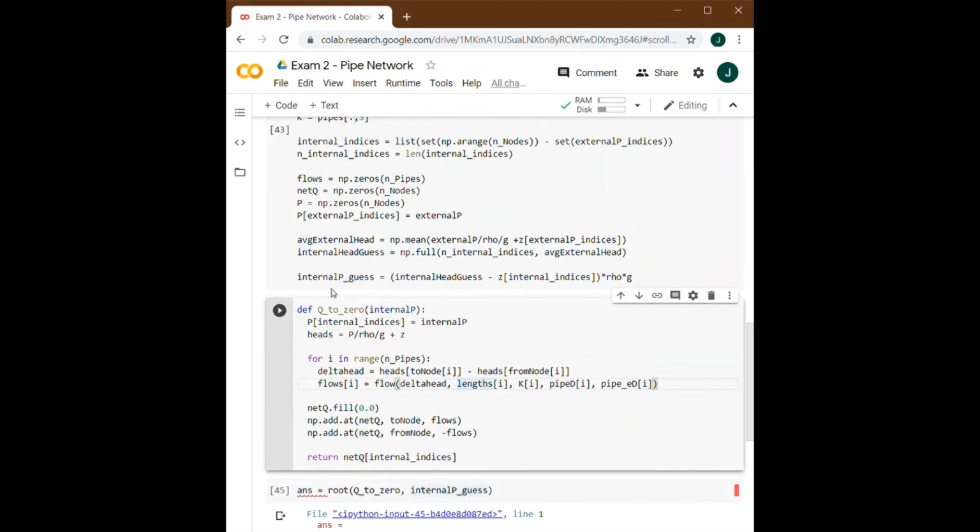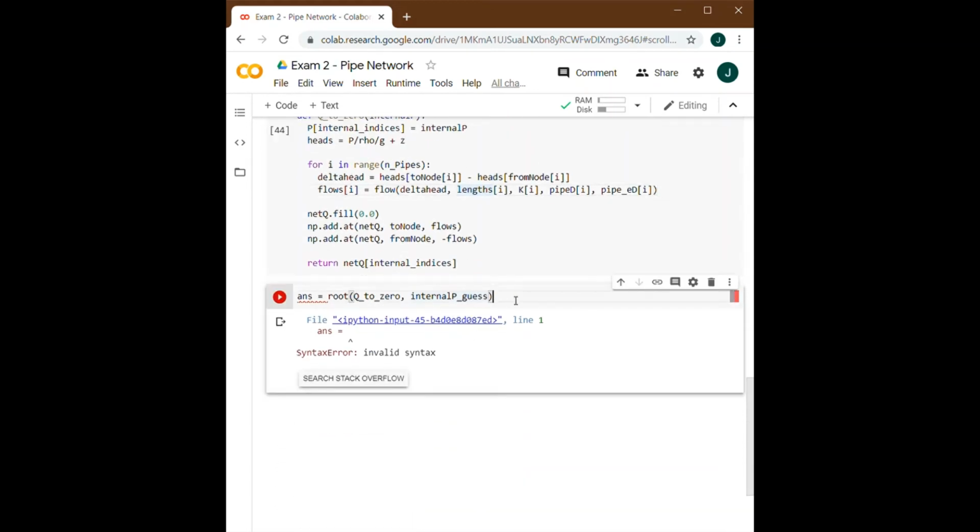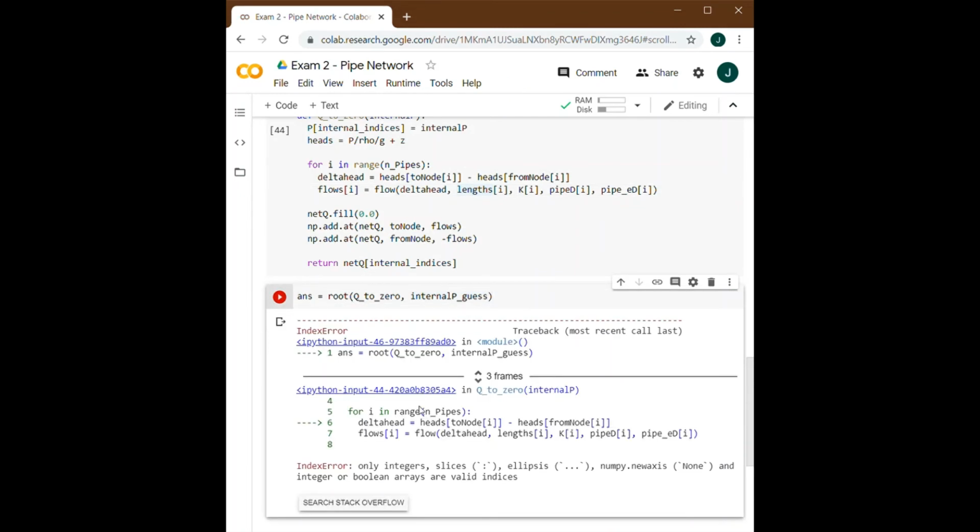If you remember, we calculated our internal p-guess by averaging our external heads and converting that average into pressure for each of our internal nodes. So internal p-guess will give us a starting point. And if we run this, we get an error.